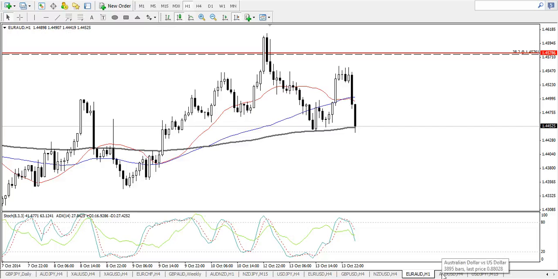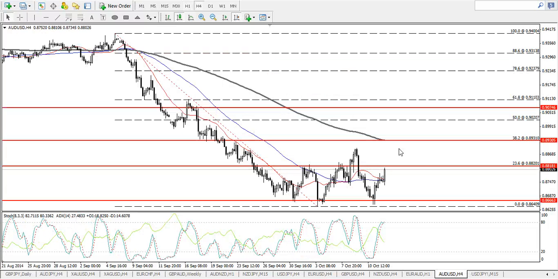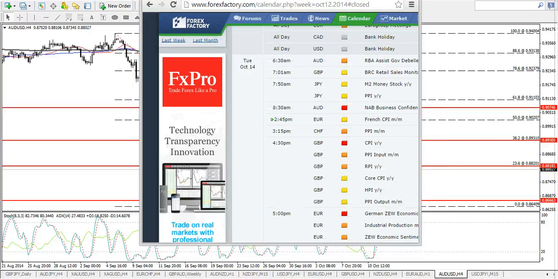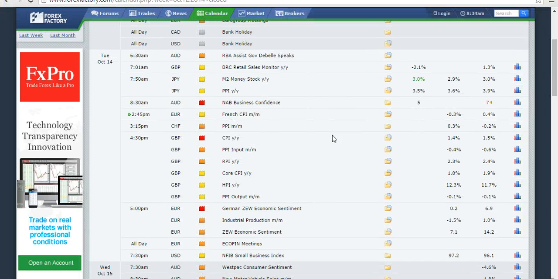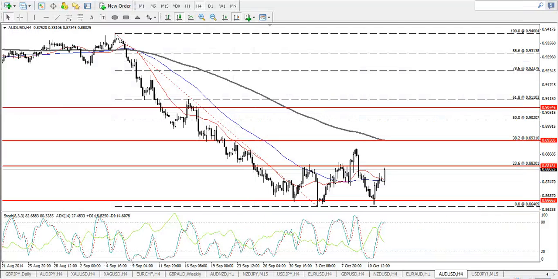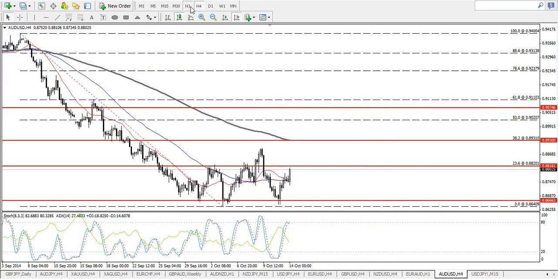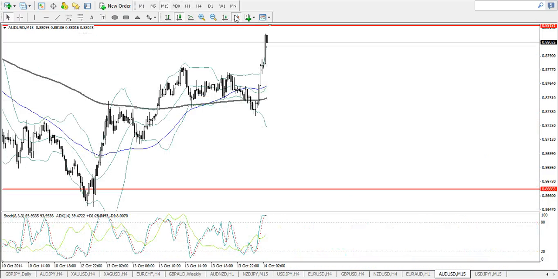Yep. So finally I would like to touch on the Australian dollar against the US dollar. This morning, coming back to Forex100.com, we can see that the business confidence fell by 2 points from the revised data of 7 points for the previous month. But what happened is, let's zoom into the 15 minutes chart.